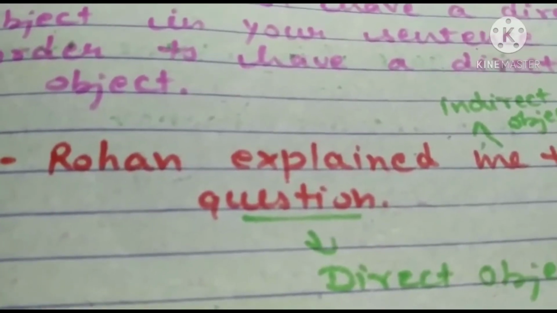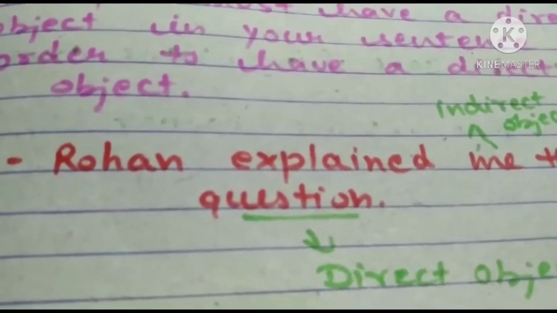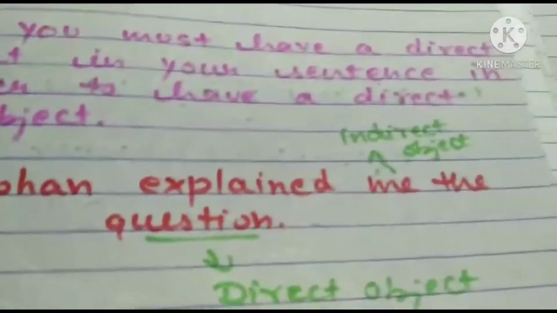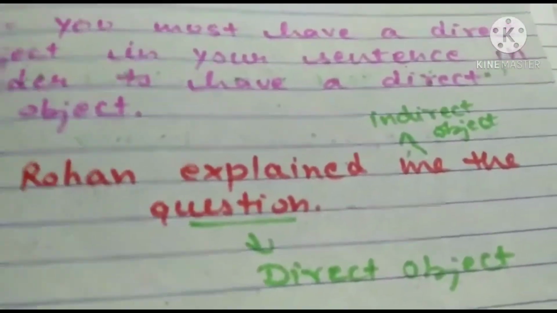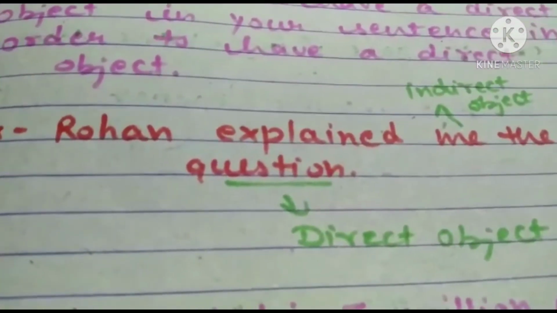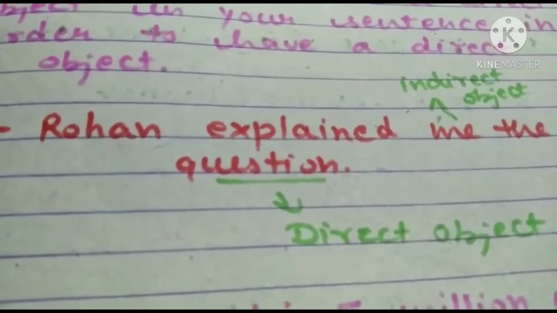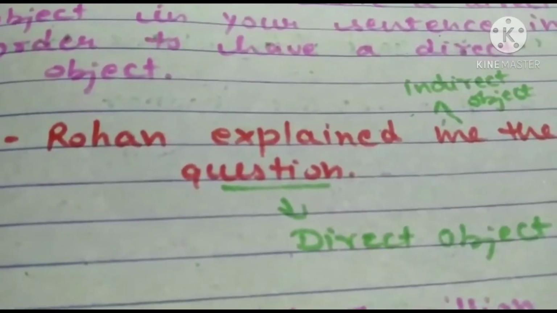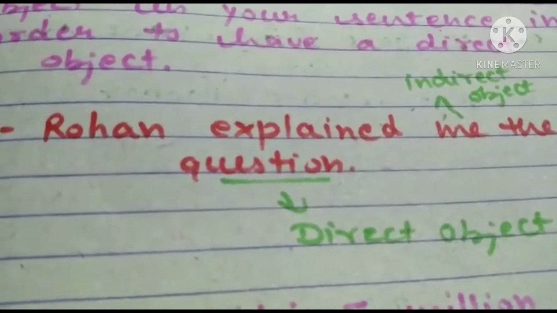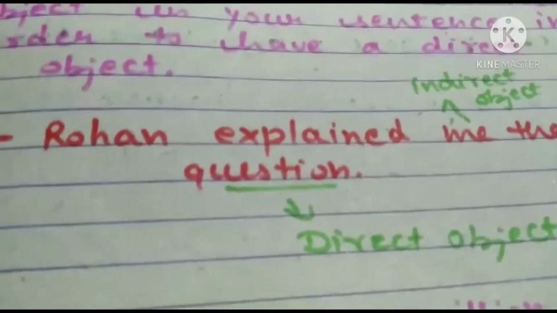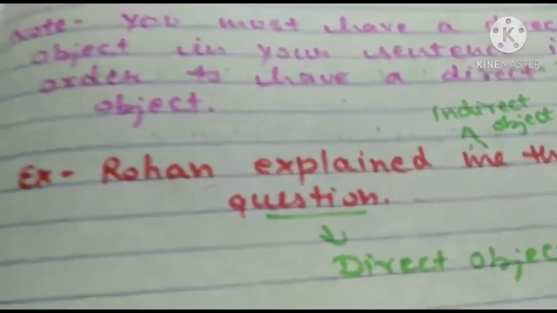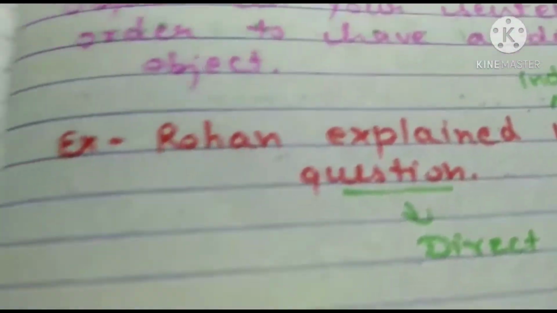If you ask this question, you get your indirect object. It means the indirect object is me. I hope you understand. The explanation of the question is being received by me, so me here is our indirect object.